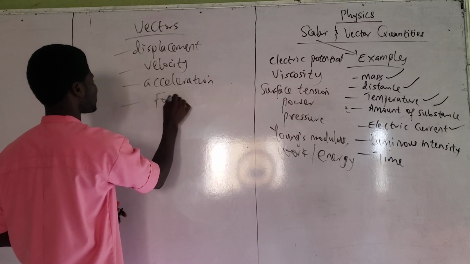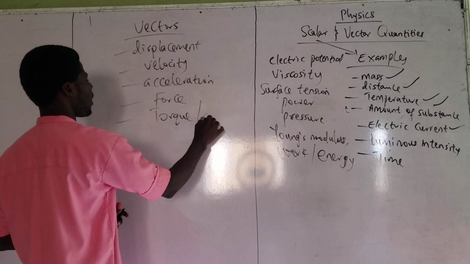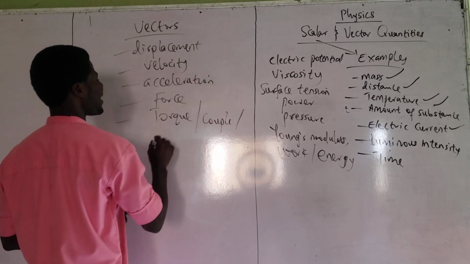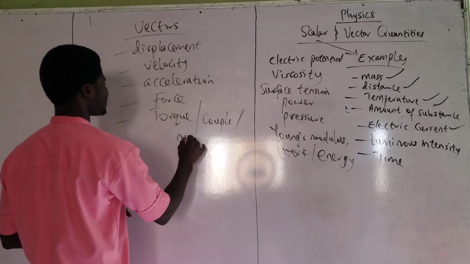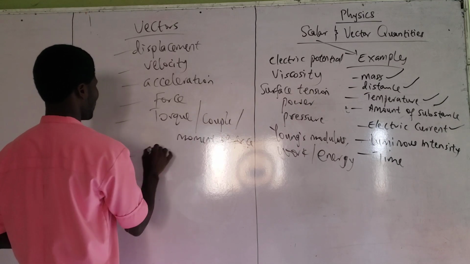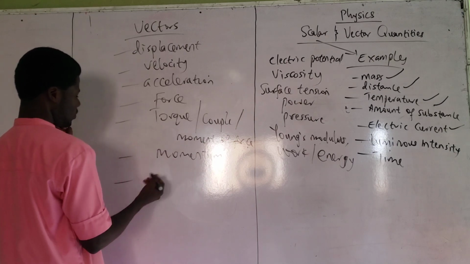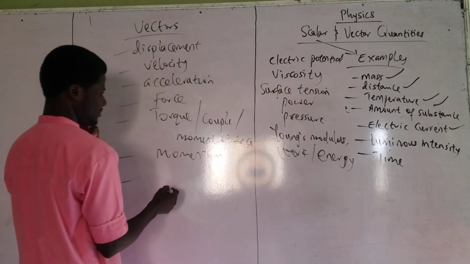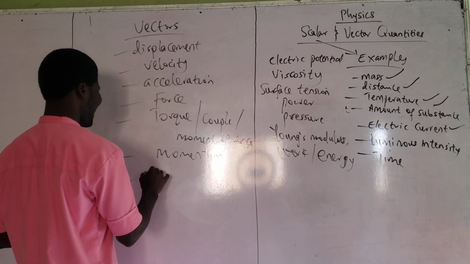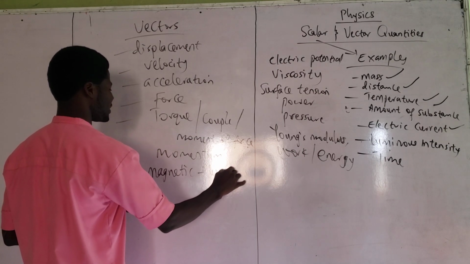We have force. We have torque. Torque can also be called couple or moment of force. We have momentum. We have magnetic flux density.